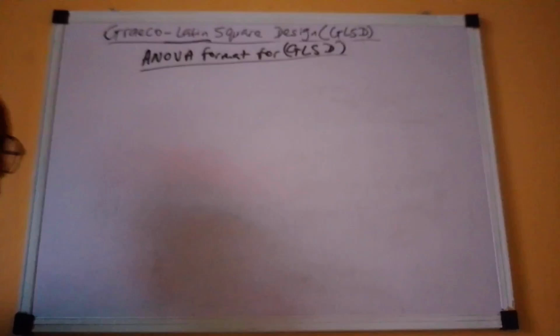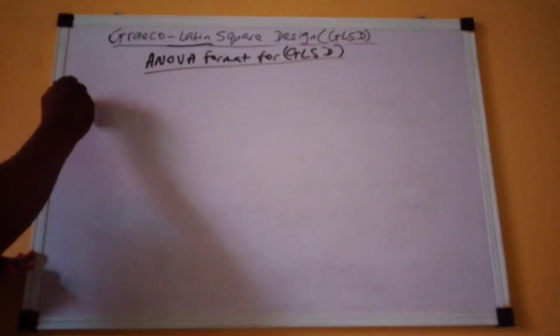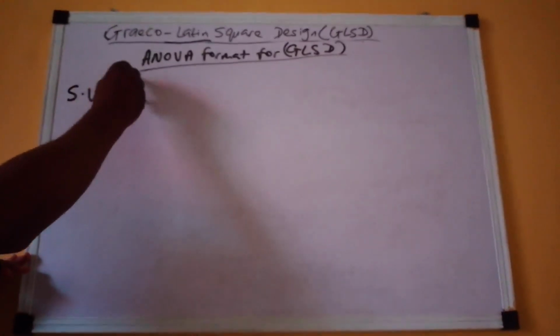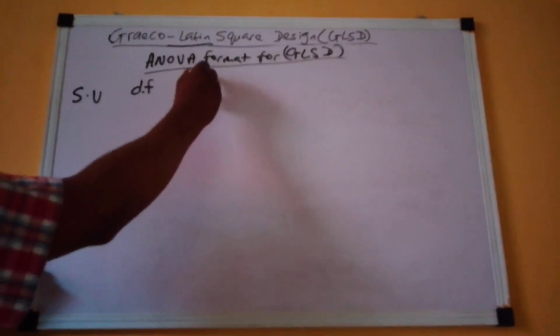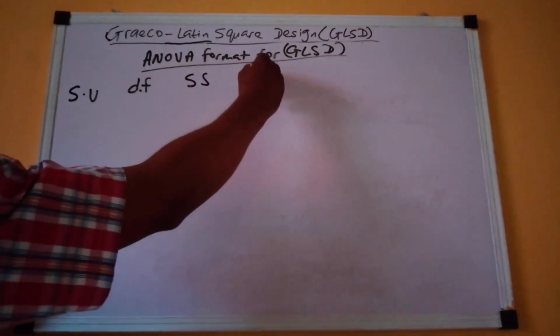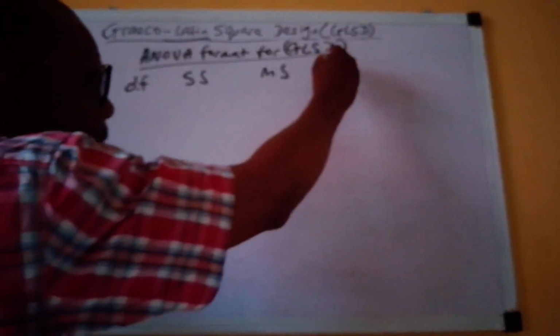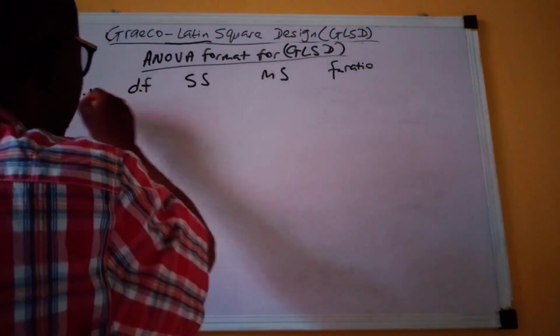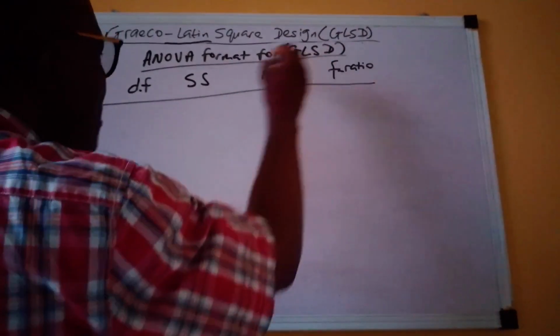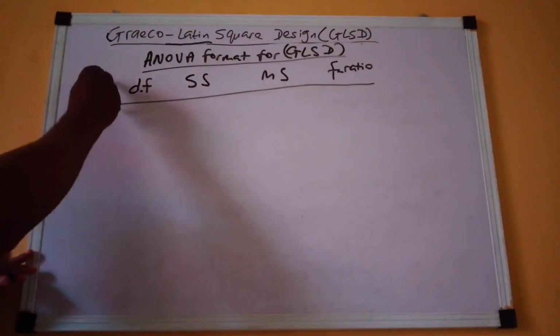Now, as we continue, let us see the ANOVA layout. The first thing is our source of variation, our degrees of freedom, DF. We have our sum of square, we have our mean sum of square, and we have our F ratio. So these are the headings for the ANOVA.